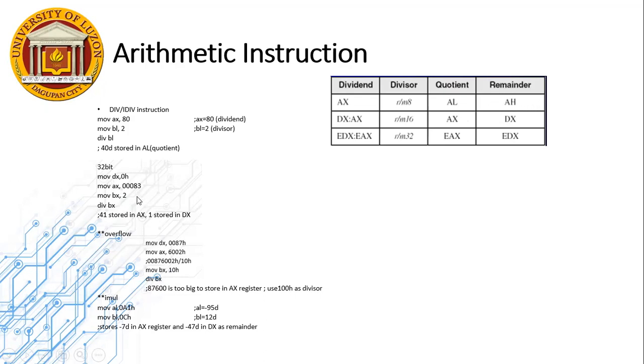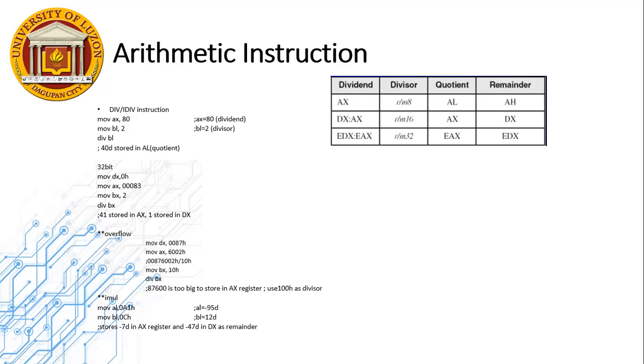So for 32-bit, just a sec, let me just go through this. I just prepared this division last night. So for 32-bit, what is the rule? For the dividend, you will be using the DX and the AX registers. So there are two registers used here.